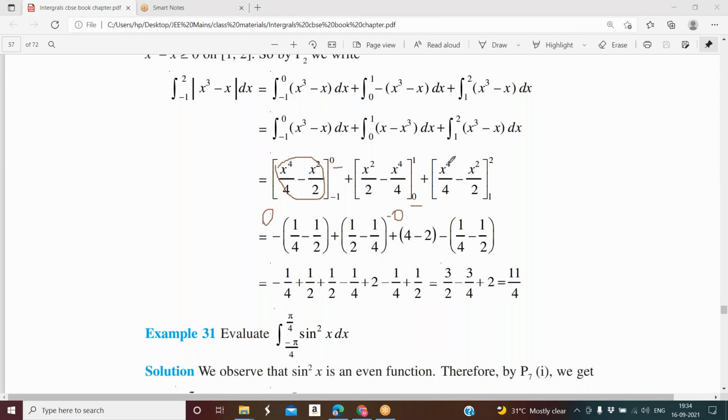What is 2 power 4? 2 power 4 is 16. 16 by 4 is 4 minus 2 square. 2 square is 4. So 4 by 2 is 2. This is your upper limit minus lower limit. Substitute the lower limit. So 1 by 4 minus 1 by 2. Now simplify the terms. The answer is 11 by 4.